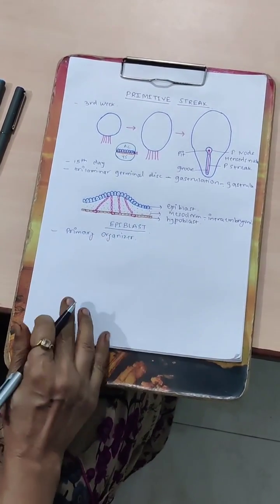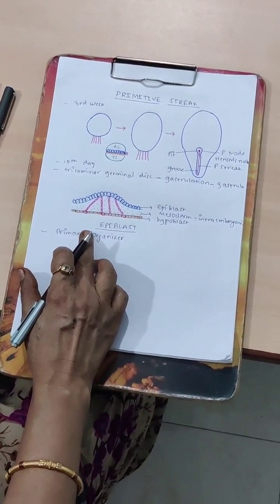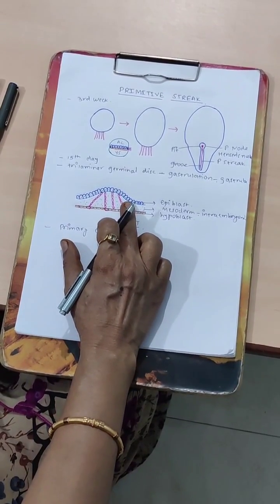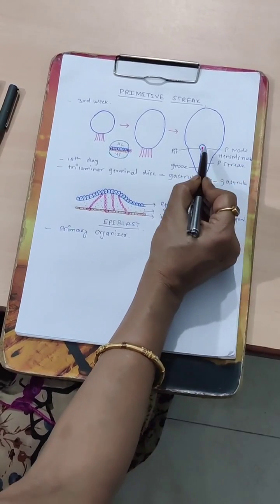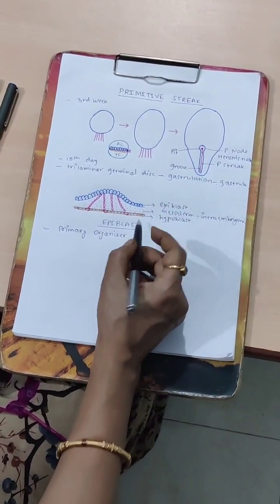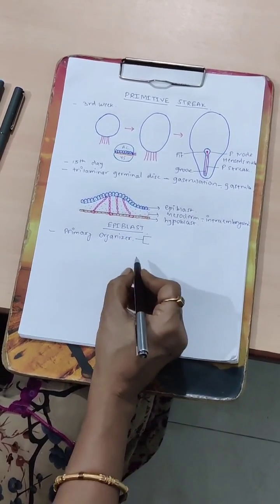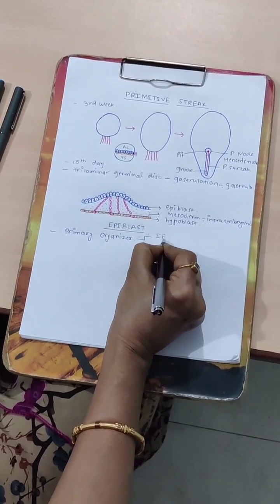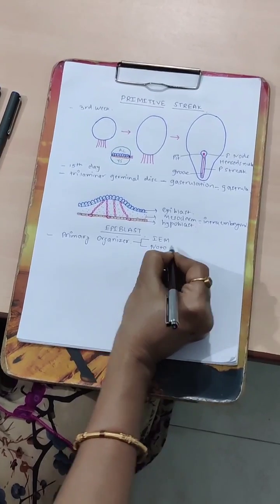That means it induces the formation of the intraembryonic mesoderm, and this primitive pit also induces the formation of the notochord. So this is how it acts as a primary organizer.